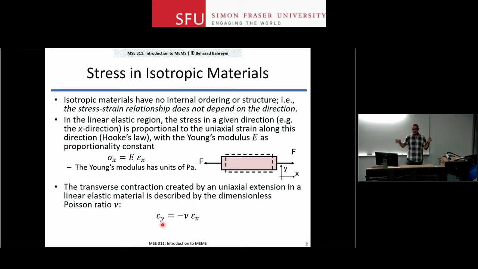But because they move in opposite directions, so when I stretch it in x, it shrinks in y, or if I compress it in x direction, it expands in y, I have a negative sign for that relationship. So altogether, I have these two coefficients to specify the behavior of an isotropic material in one dimension. The strain and stress are linearly related through E, and the strain in y direction or z direction is proportional to the strain in x direction through this coefficient nu.